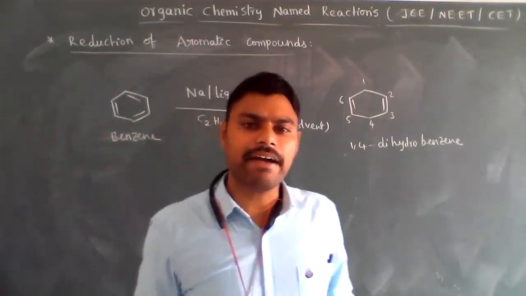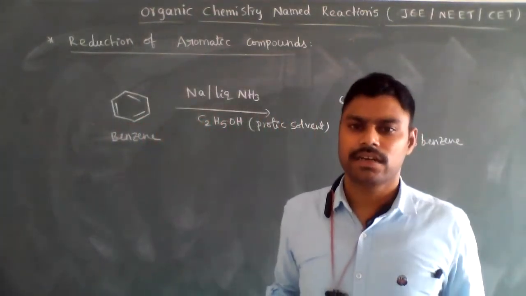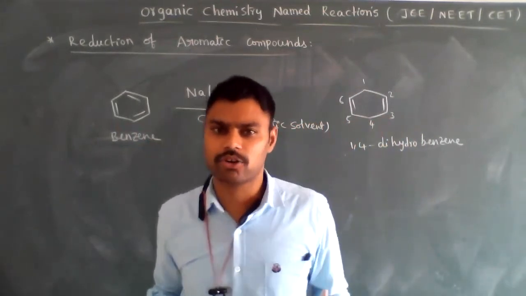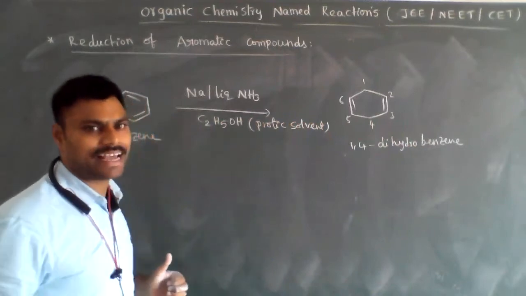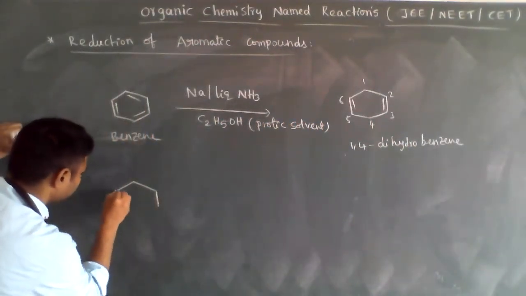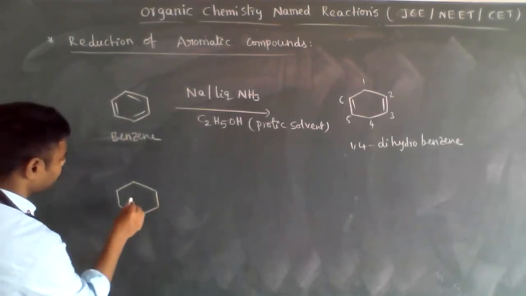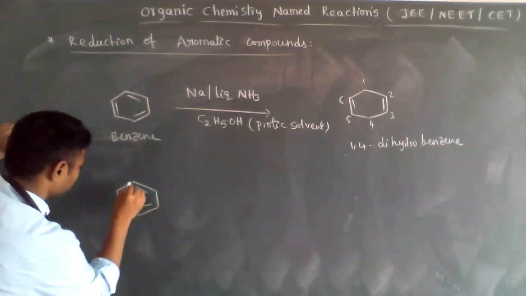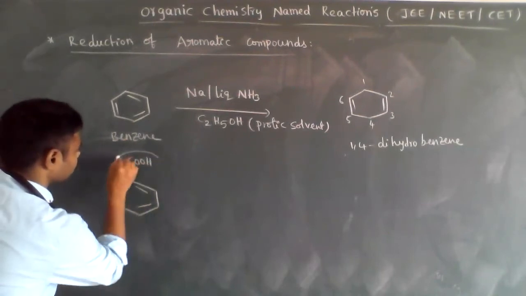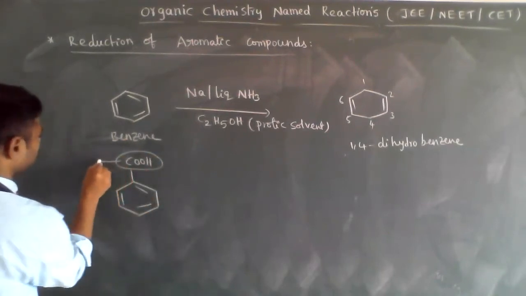Now the benzene having one substituent is present. Substituent means either an electron donating group or an electron withdrawing group. See, I am taking one example, COOH. Benzoic acid has an electron withdrawing group.